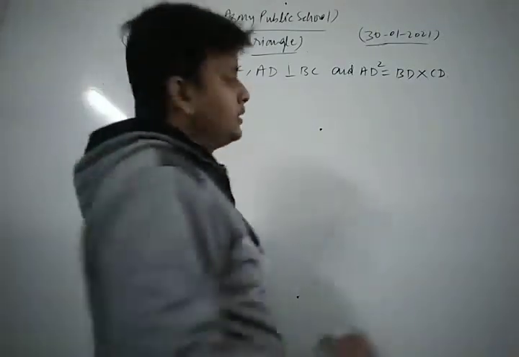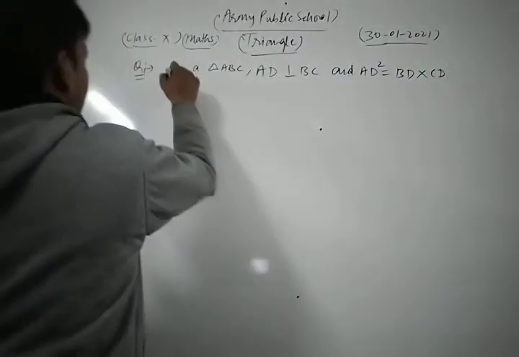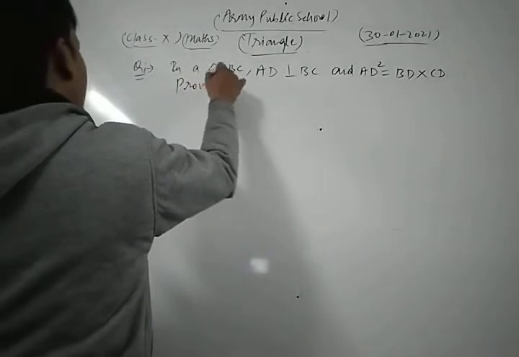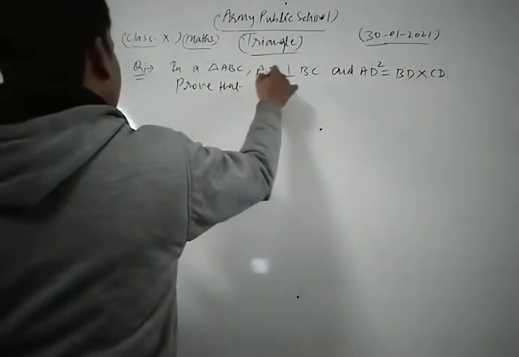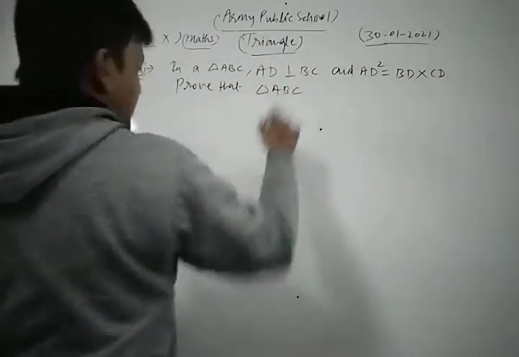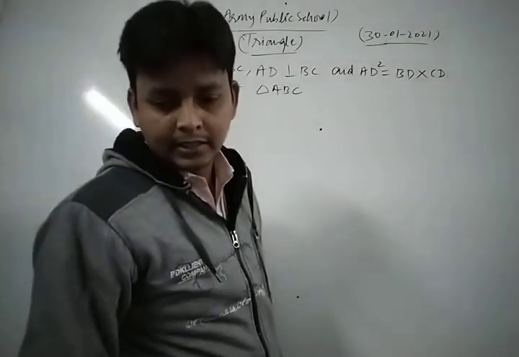Prove that triangle ABC is a right triangle.